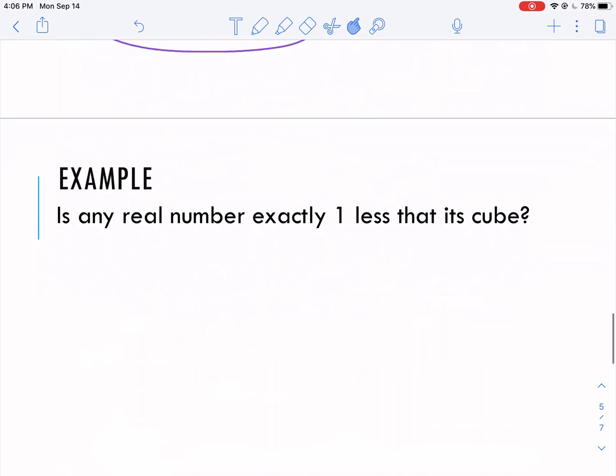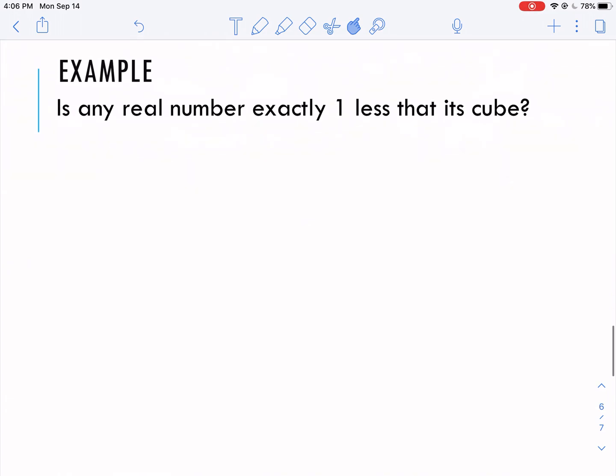One more example, with the same thought process as our last one: is there any real number exactly 1 less than its cube? Our cube is x to the third. So I want to know, is there some number x that is exactly 1 less than its cube?